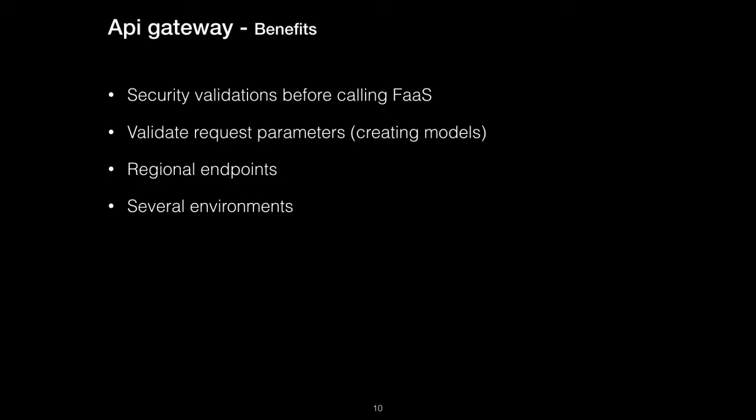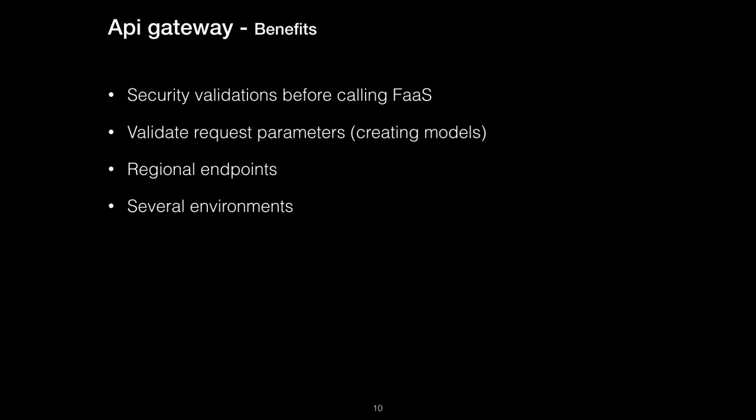So the main benefits are security validation before calling the function as a service. It validates the request parameters, and nowadays more and more we are seeing regional endpoints. So if the request comes from Europe, it can be redirected to a server in Europe instead of going to the US or something.